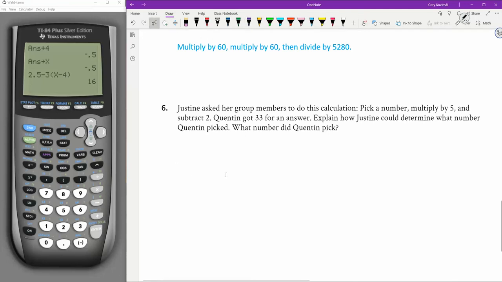Justine, that's my niece's name, could take Quentin's result and add 2 instead of subtracting 2. Instead of multiplying by 5, divide by 5.